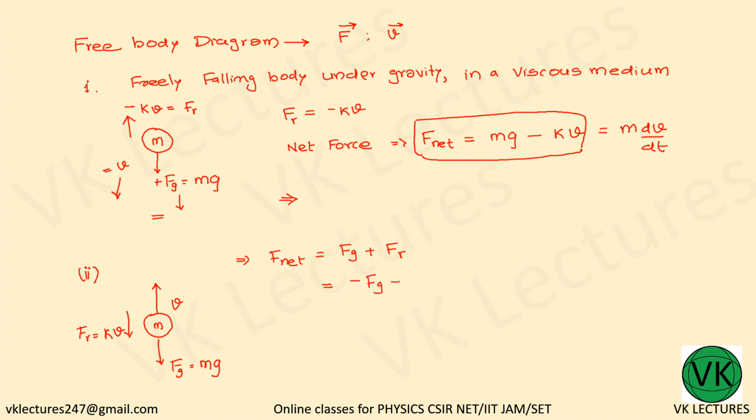And Fr, look at this, is also in the downward direction, which is against the velocity, so Fr is also negative. So F net is equal to minus mg minus kV. So this is the net force, and this is how we can write the net force from the free body diagram.